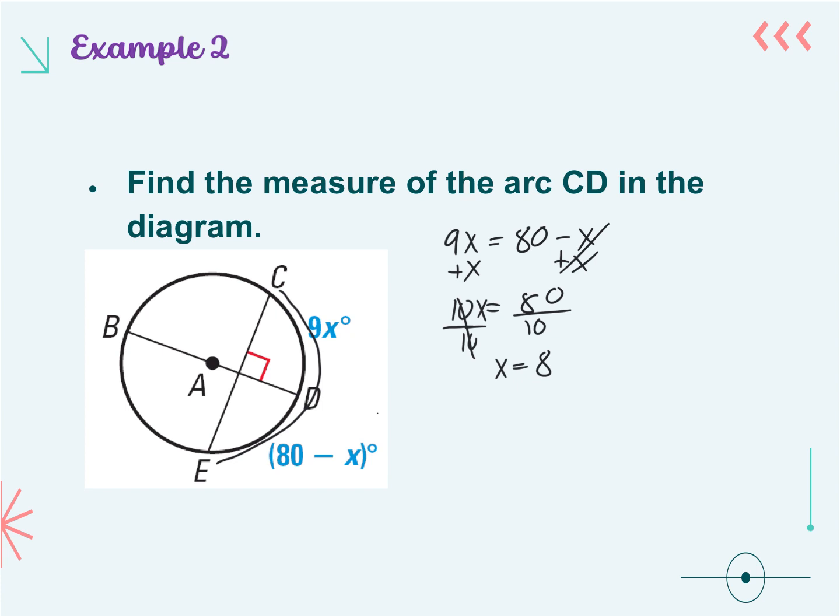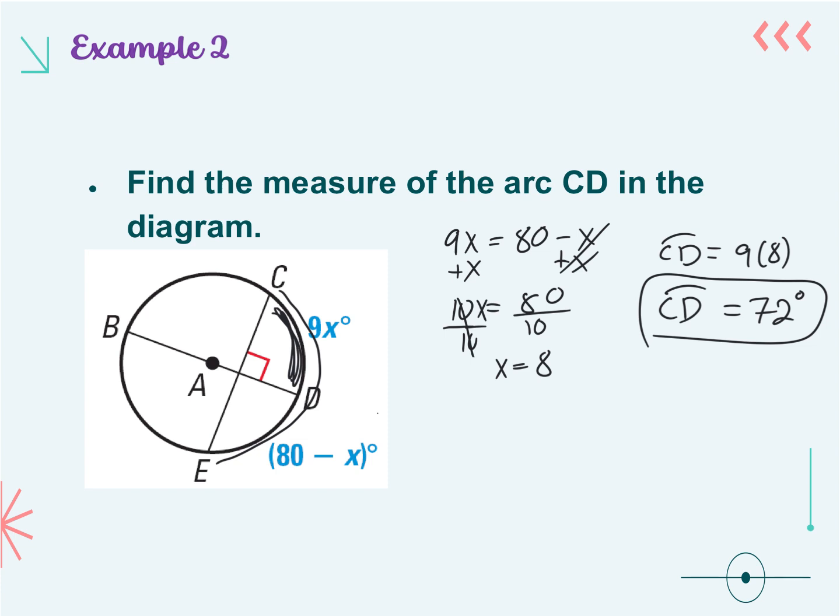Make sure you read the question, because they're asking for the arc of CD, not just x. So CD is going to be equal to 9 times x, so 9 times 8. So arc CD, which is what they're asking for, is going to be 72 degrees.